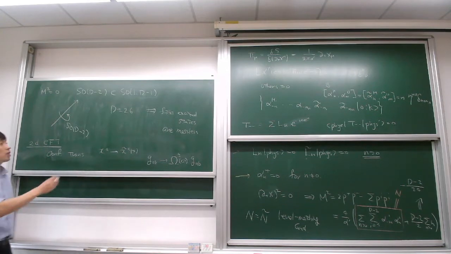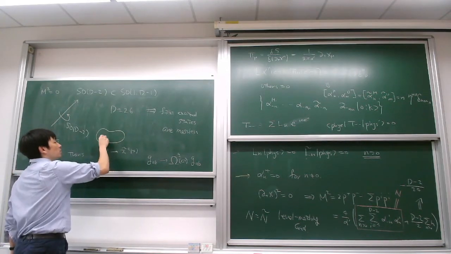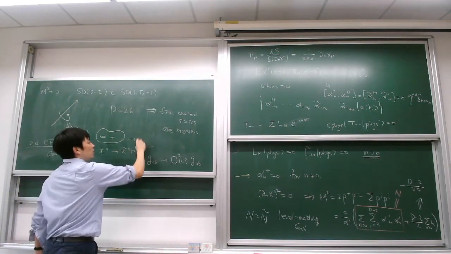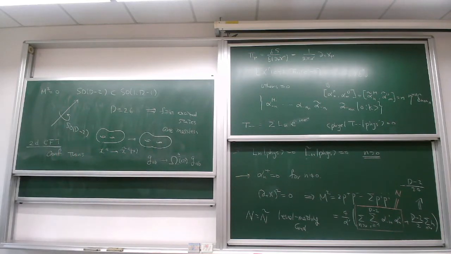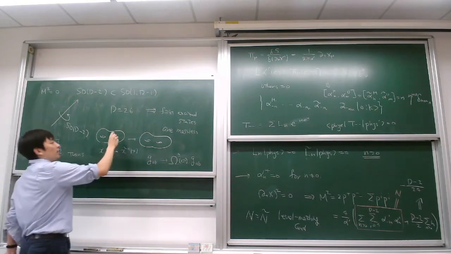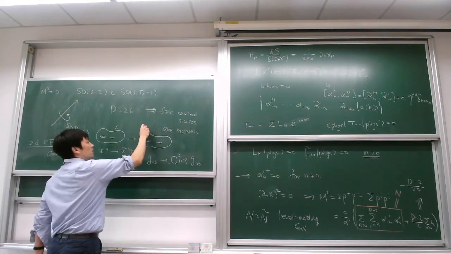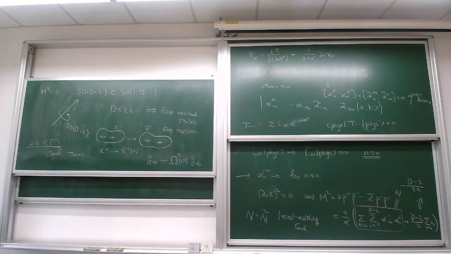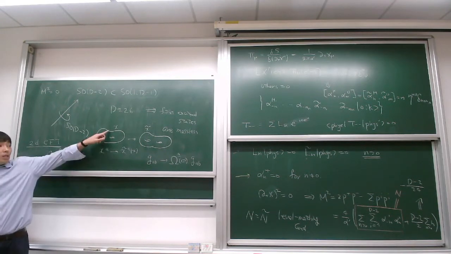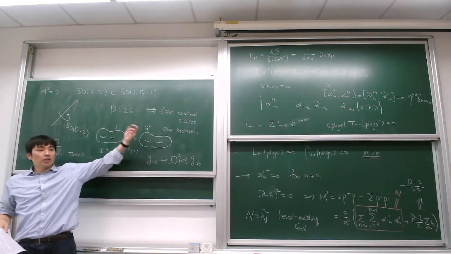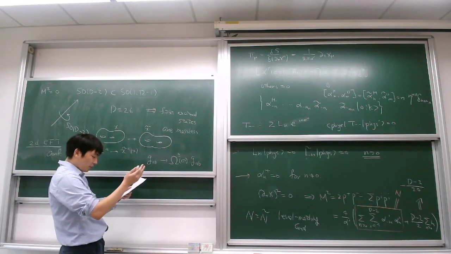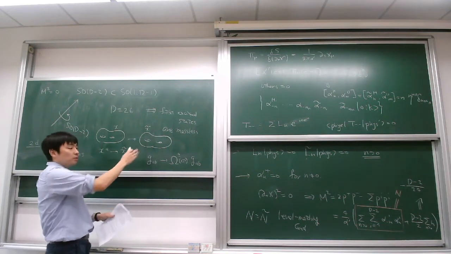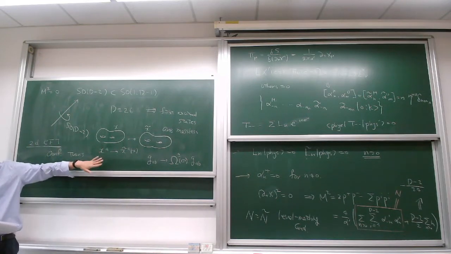In other words, if you have a diffeomorphism from a Riemann surface to the same topology, a map x goes to x tilde, you can pull back the metric. Usually I write h_ab for the Riemann surface, but now I'm talking about general dimension.